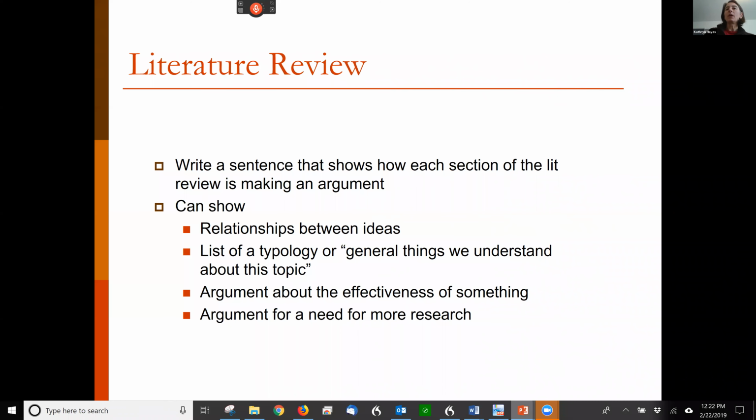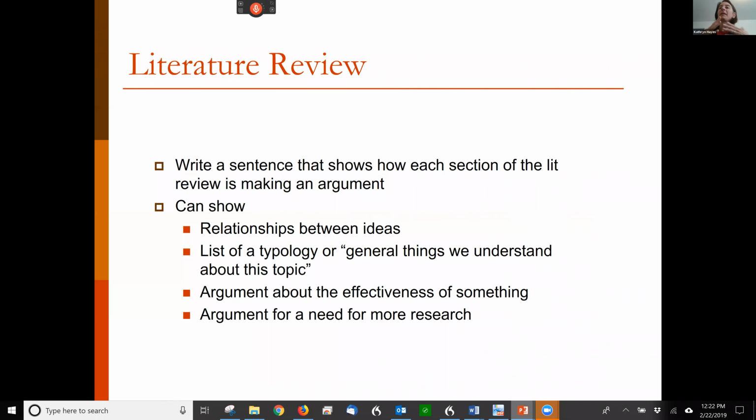The argument can do a lot of different things. It can show the relationship between ideas, like the relationship between excellent professional development and teachers changing their practice. It can be a typology or general things we understand about this topic. It's not really an argument, but just here's what we understand about this particular thing.